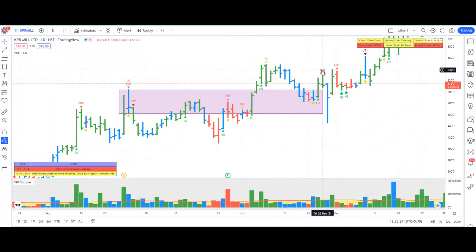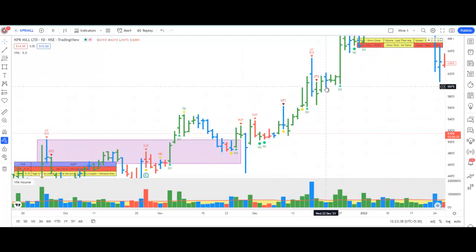As you can see here, it tried to go up here but again tested this supply region and then finally started moving up here. Here again we saw a UT bar, an upthrust bar, and the next bar was a confirmation, a UT2 bar, but this weakness does not sustain and the demand overcame the supply here.